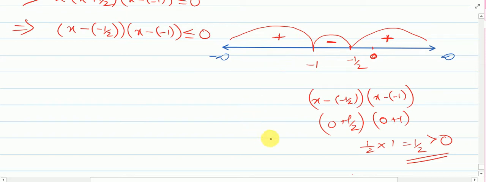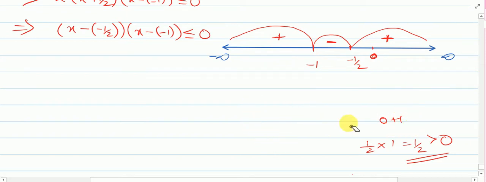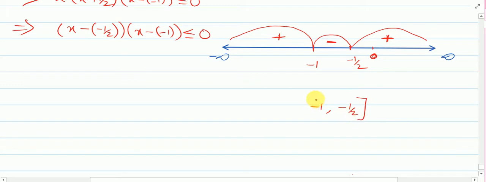So you observe that for this interval minus 1 to minus half, this left hand side is coming negative, meaning less than 0. And for minus 1 this is exactly 0, and for minus half it is exactly 0. So this is satisfied for this interval from minus 1 to minus half.